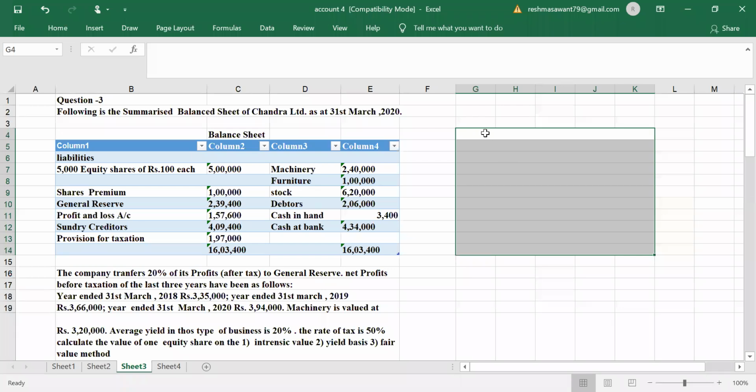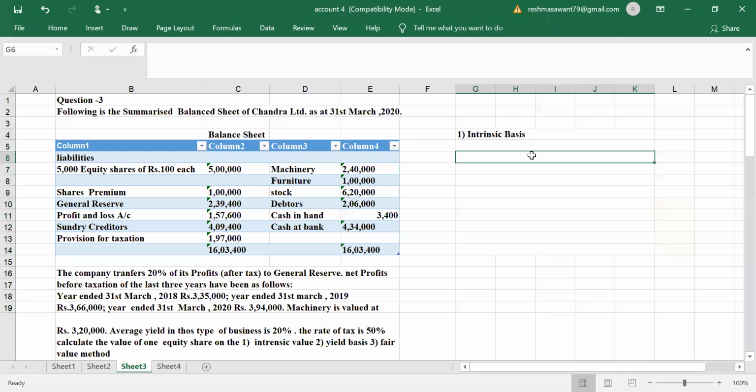So we start with the calculation of value as per intrinsic value. First point, that is intrinsic basis.